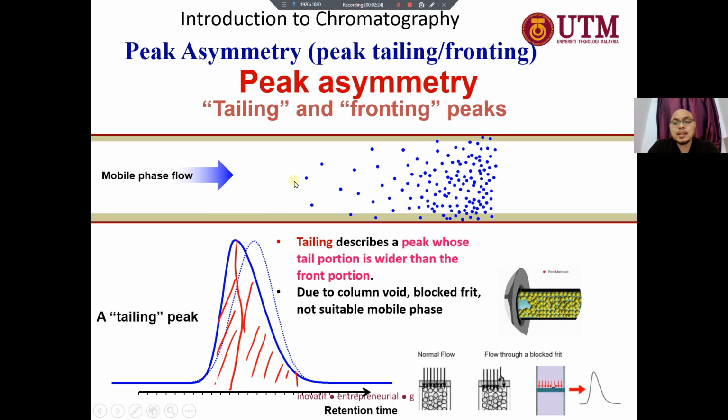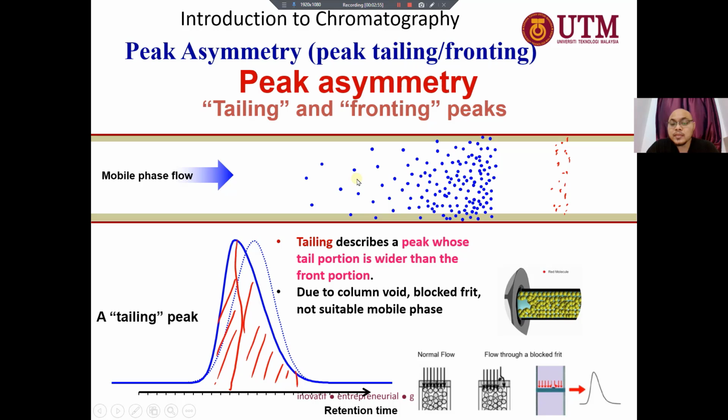We can see that our analytes or our solutes are not running at the optimum condition. The optimum condition means that they all run at the same pace. But in this situation, some of the particles of the analyte, or some of the molecules of the analyte, are left behind.